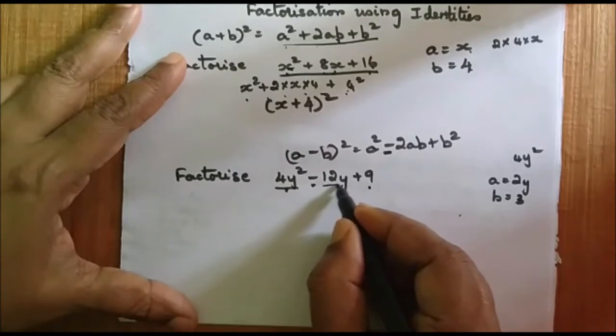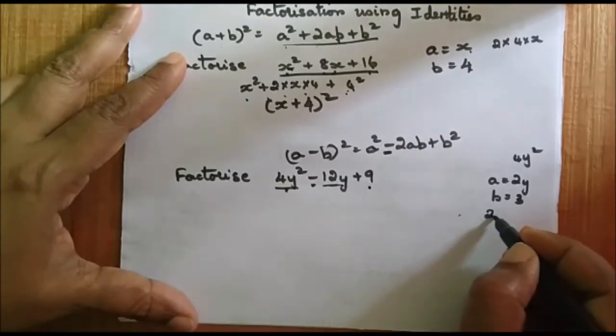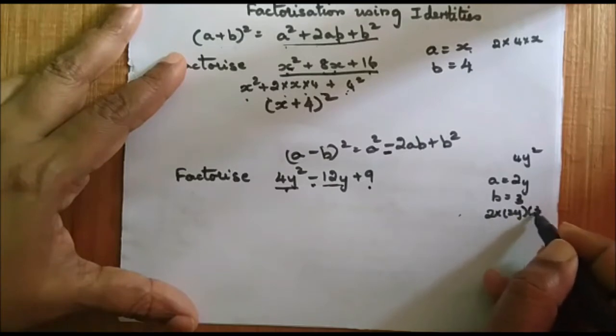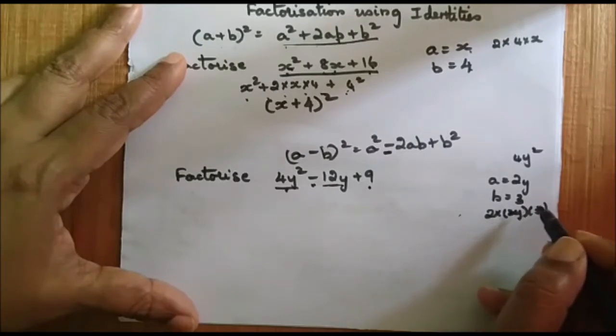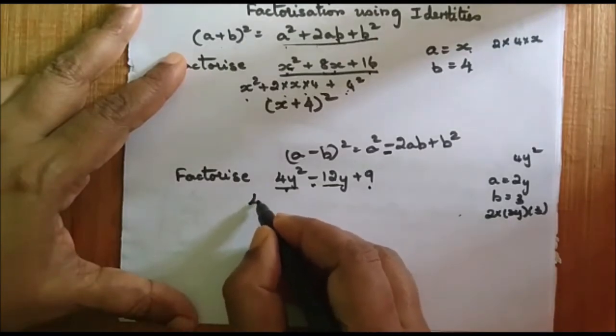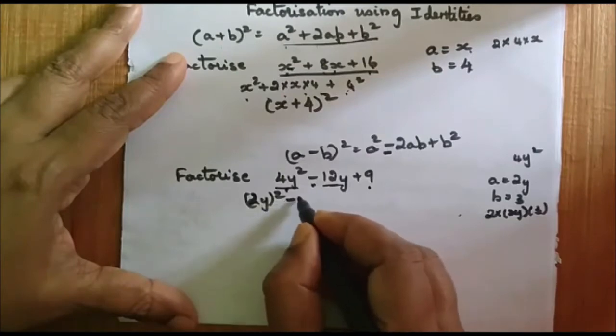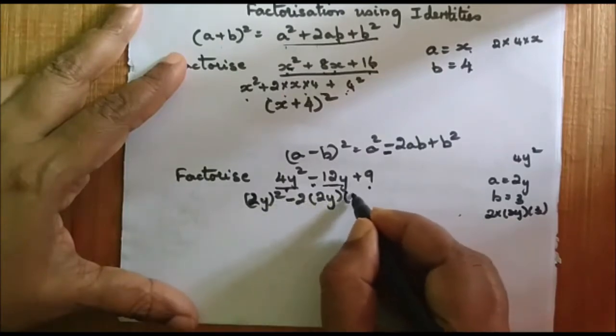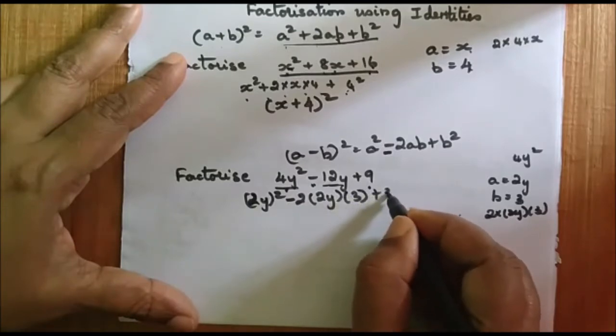So how will we write this part here? 2 into 2y into 3. That is 2 2s are 4, 4 3s are 12. Okay, so we can write this as (2y) the whole squared minus 2 into 2y into 3 plus 3 squared.